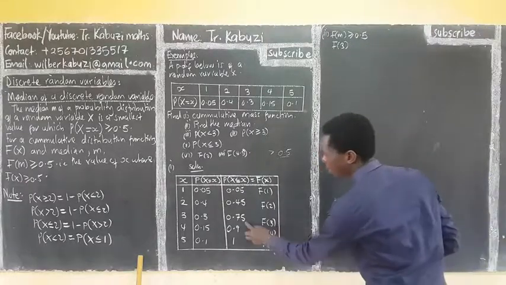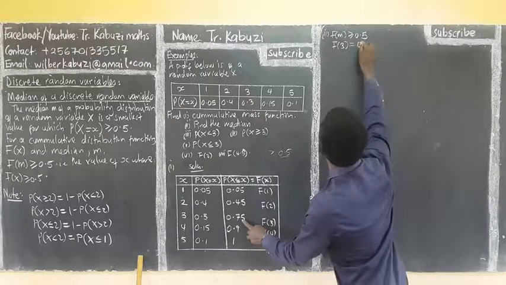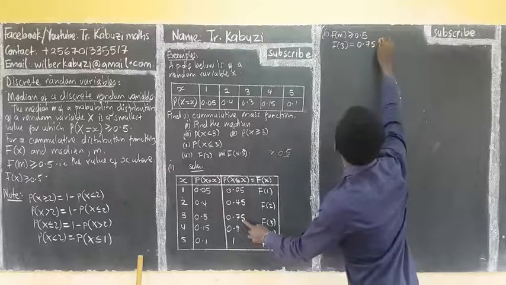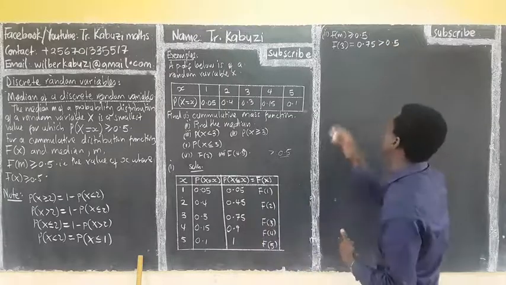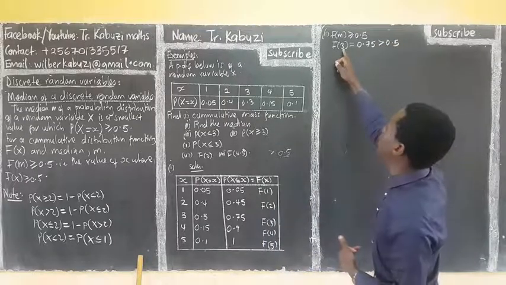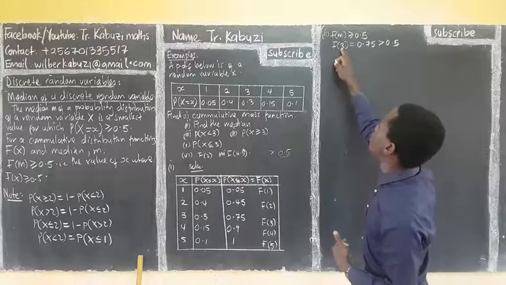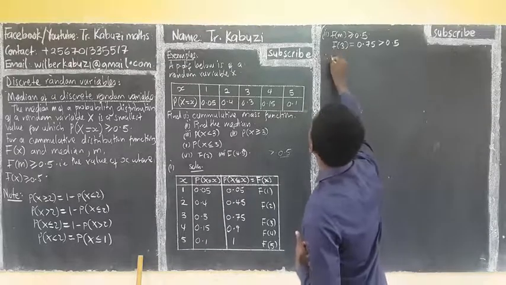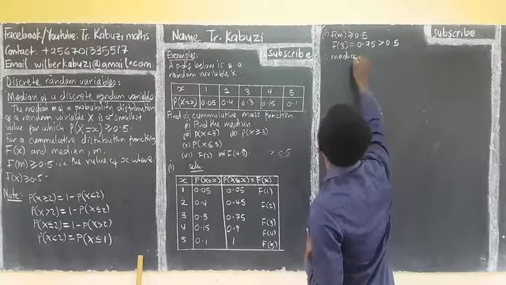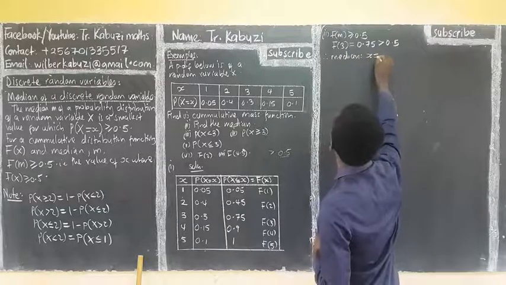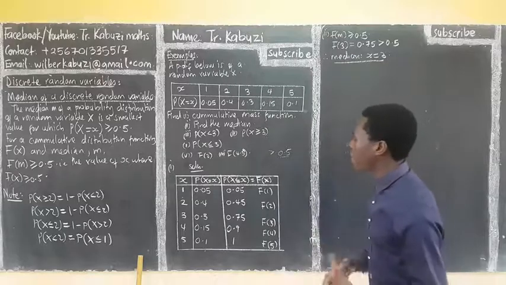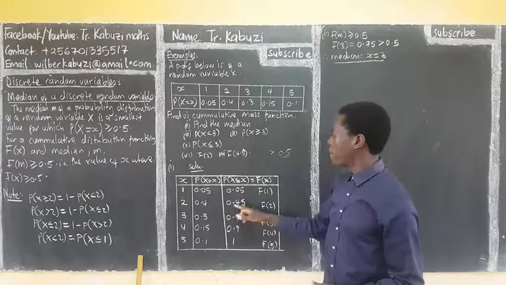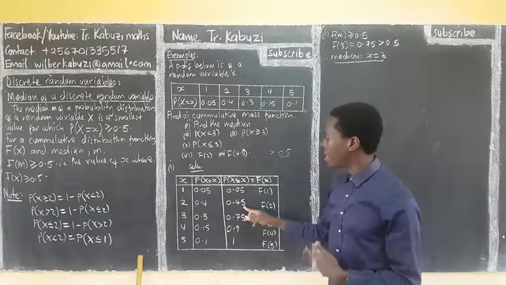Because the corresponding value is 0.75, which is greater than 0.5. Now it can't be equal, because this one is just greater. So the corresponding value is going to be our median. So therefore, our median, the value of x, is x equal to 3. That's how we get our median. Now, if we found out that this was 0.5, now the median would be this.